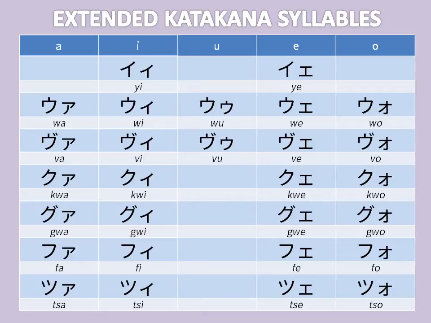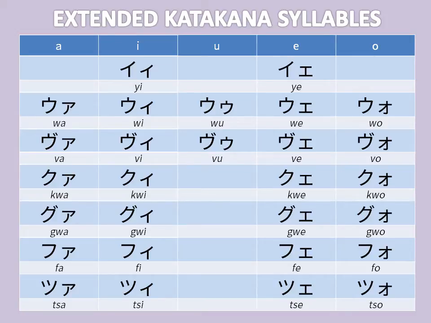So in the first row we have two E sounds which become ye. Then we have E and A which becomes ye. Then in the second row we have U and small a, which becomes wa. Then we have U and small e, which becomes we.